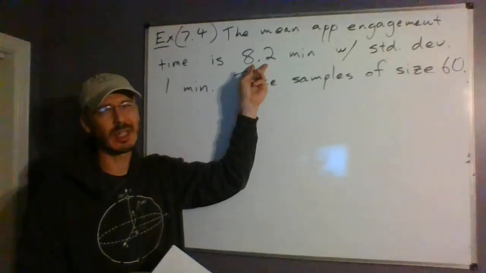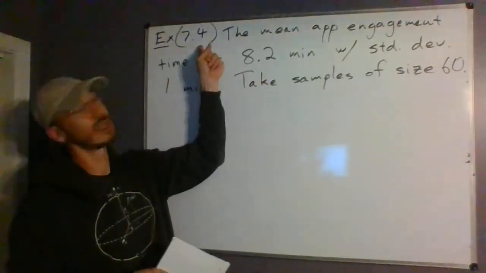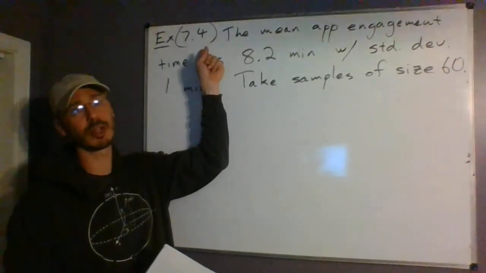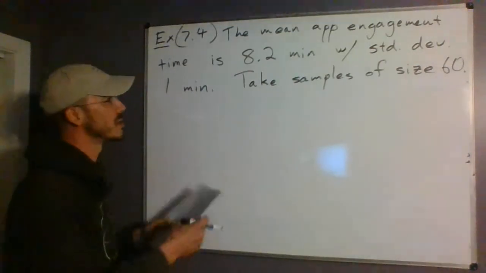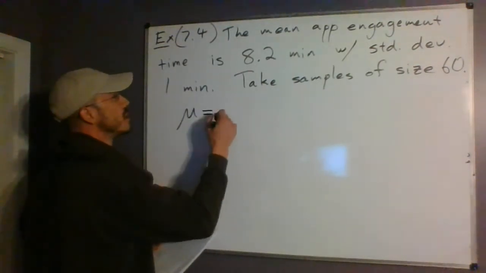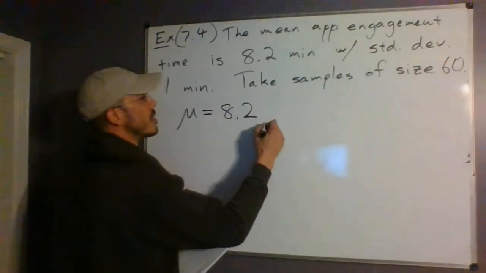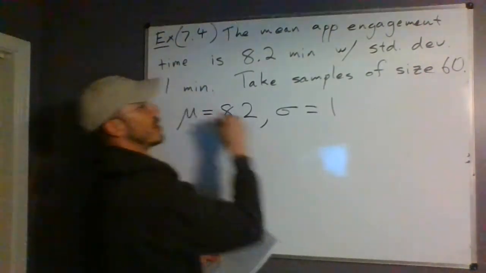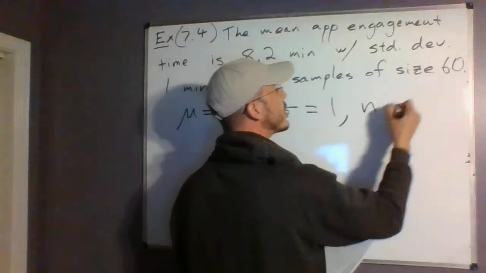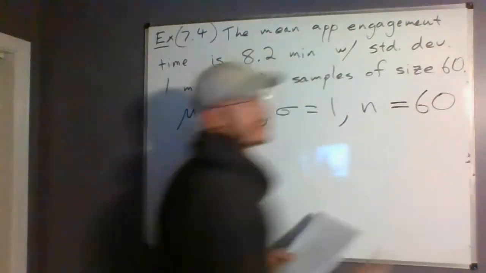There's some more detail in the book, in their description, if you're curious. But for us, it's enough to recognize in this situation that the mean is 8.2 and the standard deviation is 1, and the little n, the sample size, is 60.